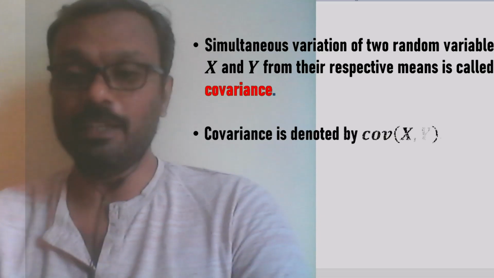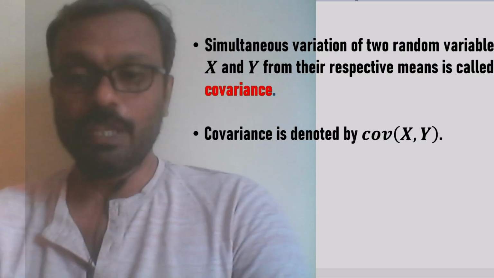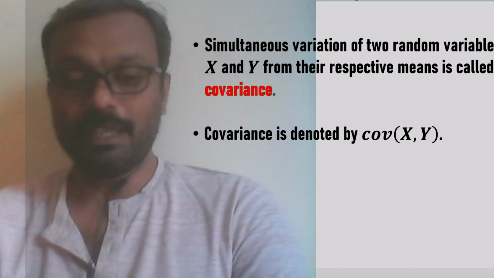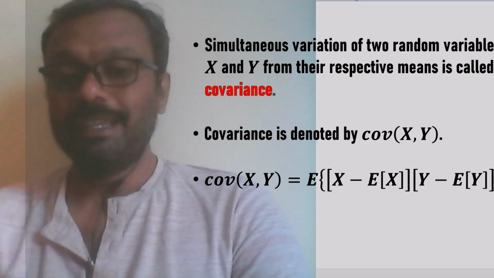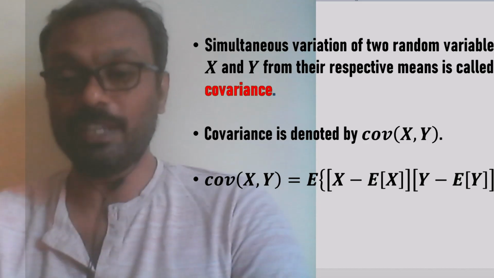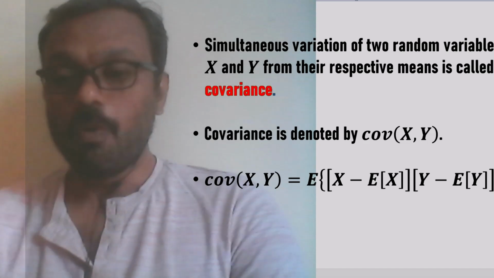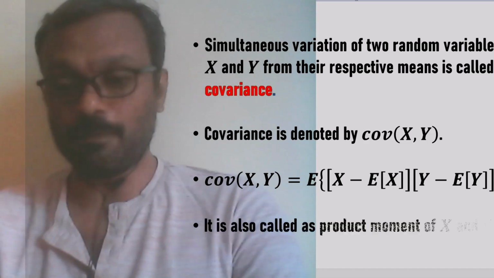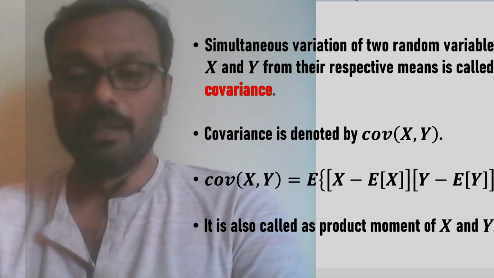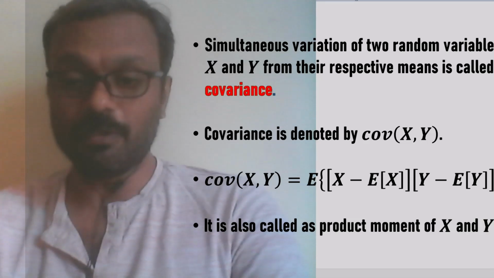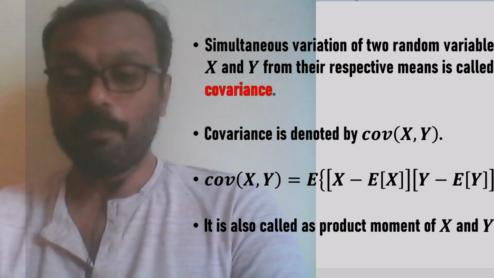The symbol to denote the covariance is COV of x comma y, and it is given by expectation of x minus the average value of x, that is the expectation of x, into y minus the average value of y, that is expectation of y. Because of its representation, it is also called the product moment of x and y.